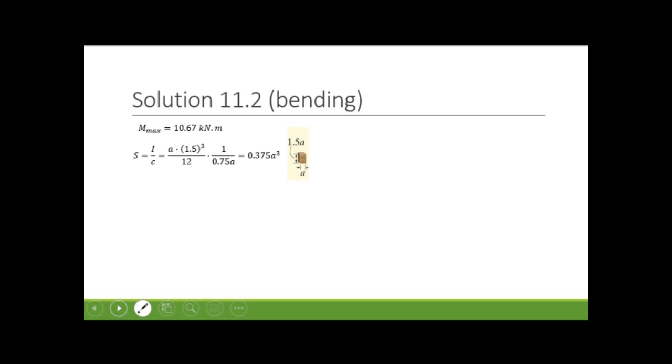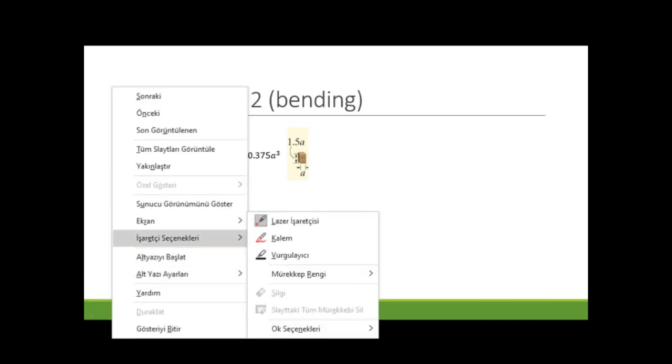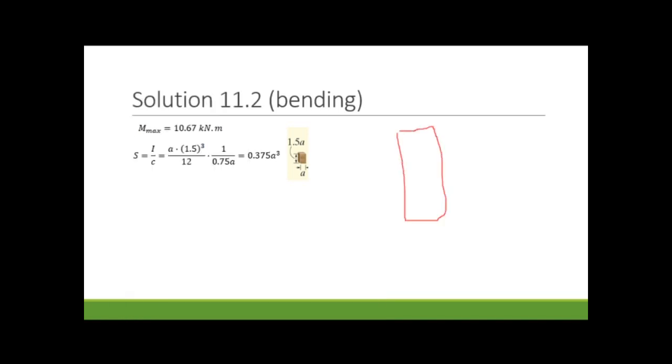If you remember, the section modulus formula is the moment of inertia divided by C. You remember that C is the longest distance from the neutral axis to the point of stress. In a rectangular section, here is the neutral axis, and the highest distance is the top or bottom, therefore this value is h/2, in this question 0.75 A. Therefore I put 0.75 A for C.